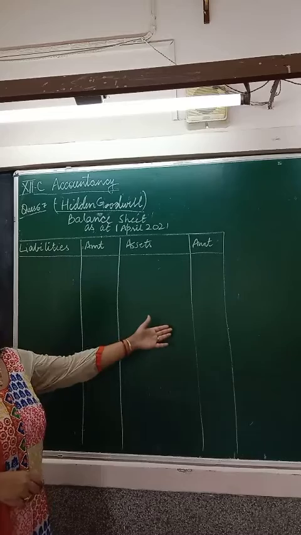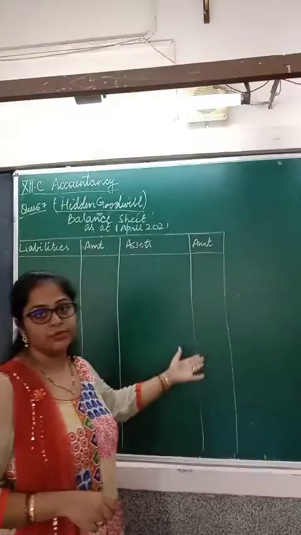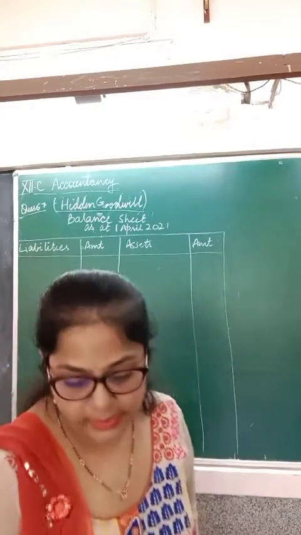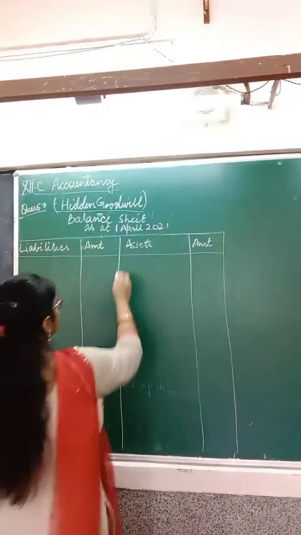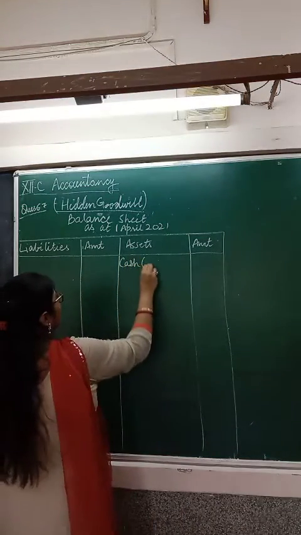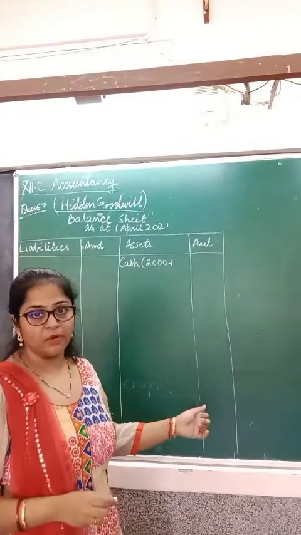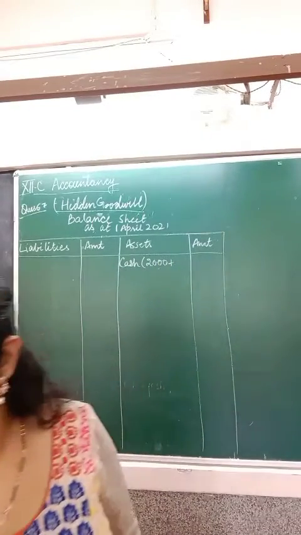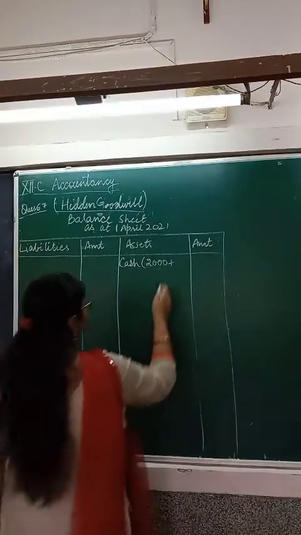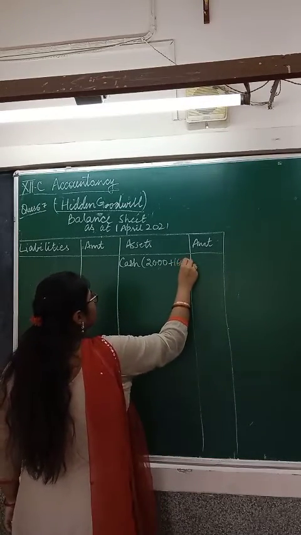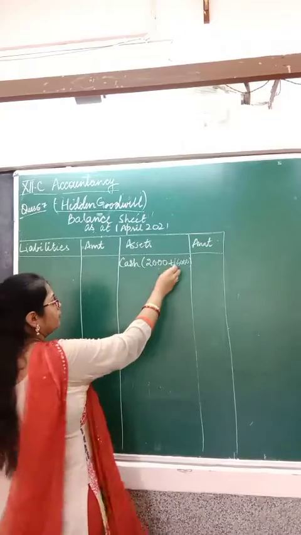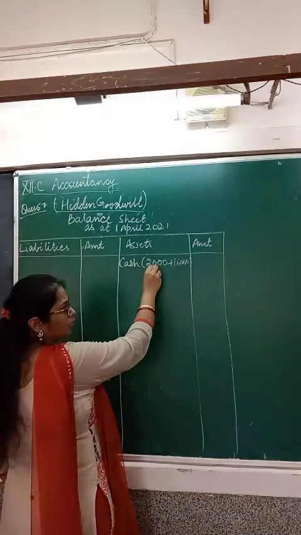Let us find out the adjustments that we had passed through the revaluation account and build them on the asset side. It says there was a cash balance. Along with this, Raman must have brought something. So we are going to add Raman's cash, the capital amount of Raman's, to the cash account.